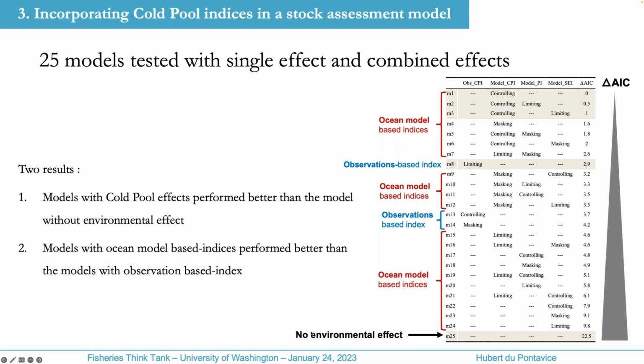First, the 24 models including cold pool indices performed better than the model that did not integrate cold pool effects. Second, although the differences in terms of AIC are limited, the 7 best models are those including cold pool indices based on ocean model outputs. So overall, the models with ocean model-based indices seem to perform better than the model with the observation-based index.